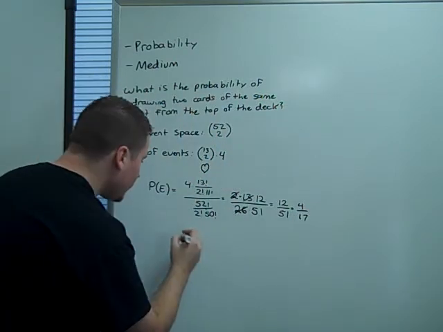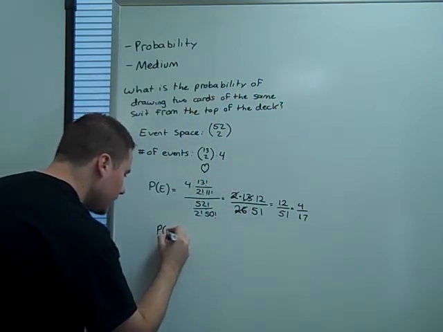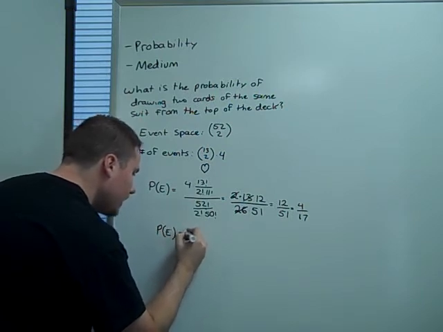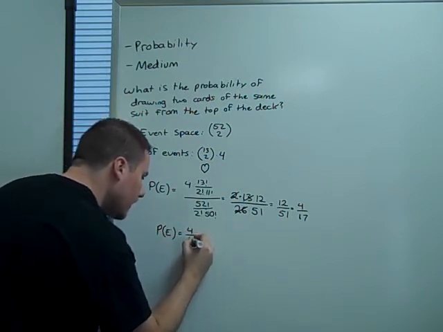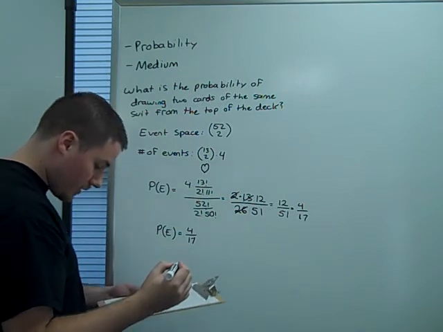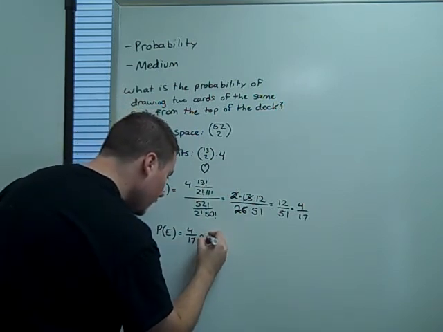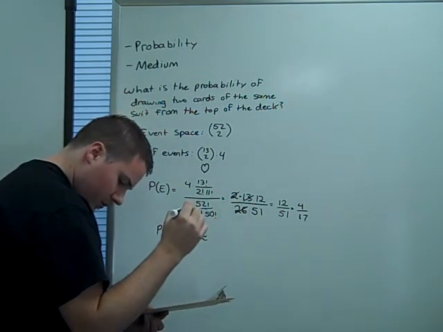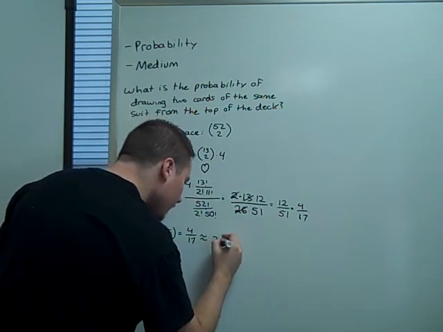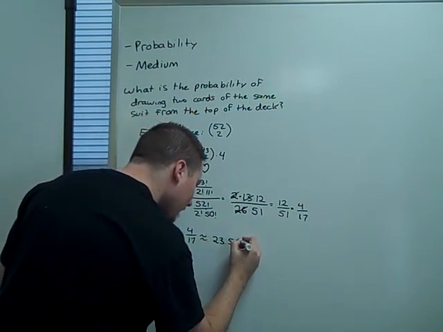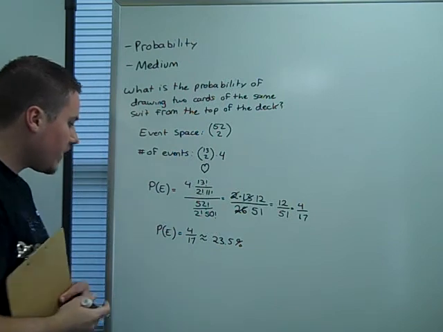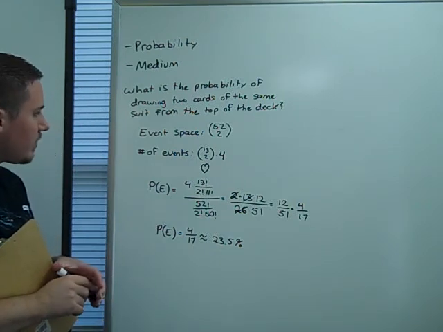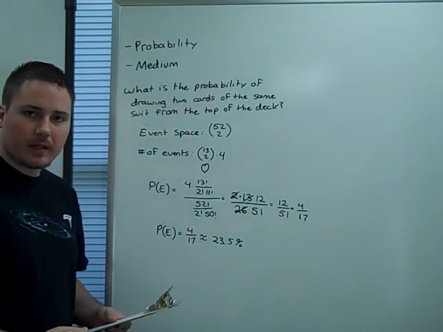So our total probability of the event is equal to 4 over 17, which is almost a quarter. It's roughly equal to 23.5%. So you have decent odds of pulling two of the same suit from a deck of cards.